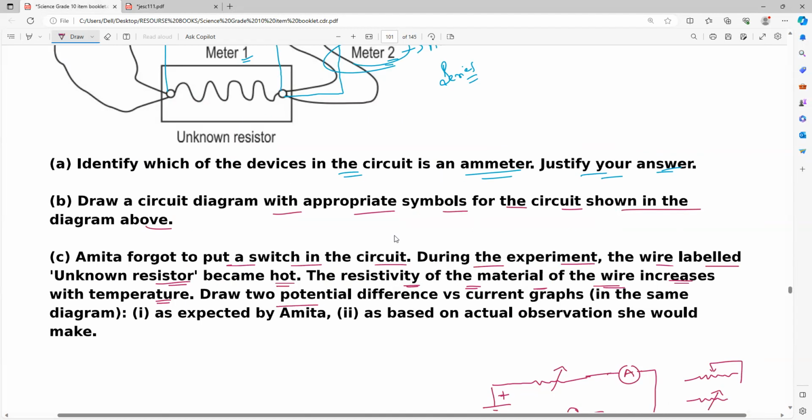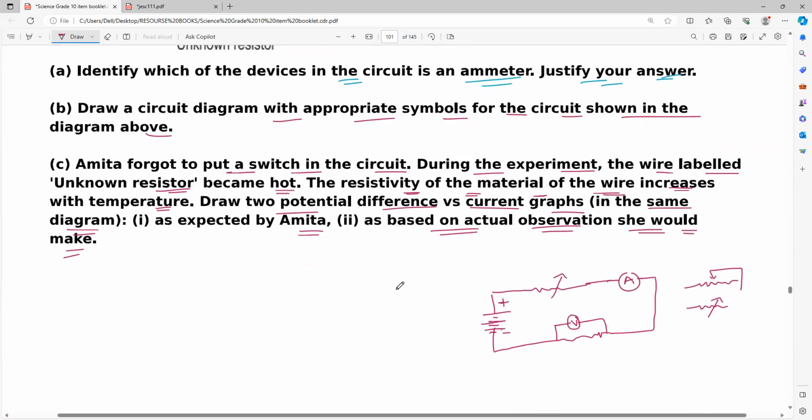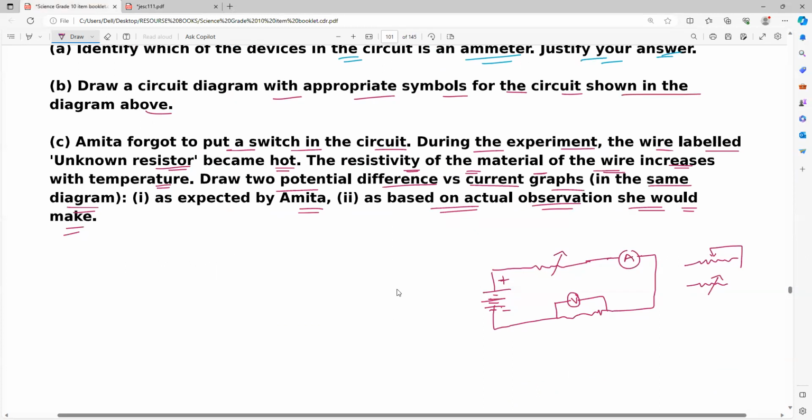So draw two potential difference versus current graphs in the same diagram as expected by Amita, and based on the actual observations she would make. Anybody can tell? What is her expected one? If she puts everything properly, the proper key and all.